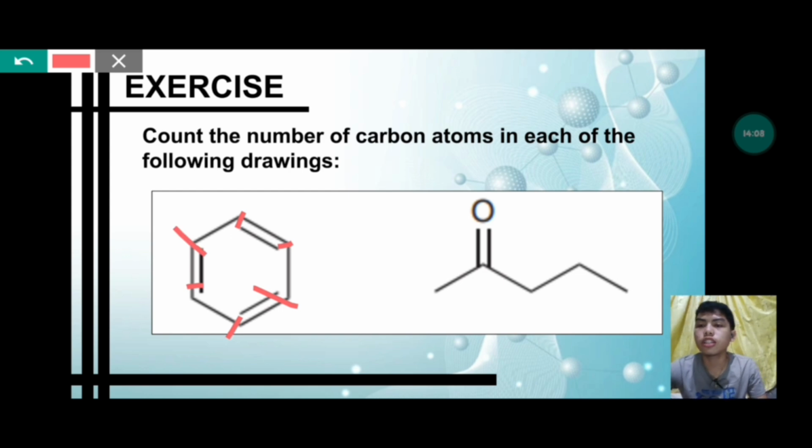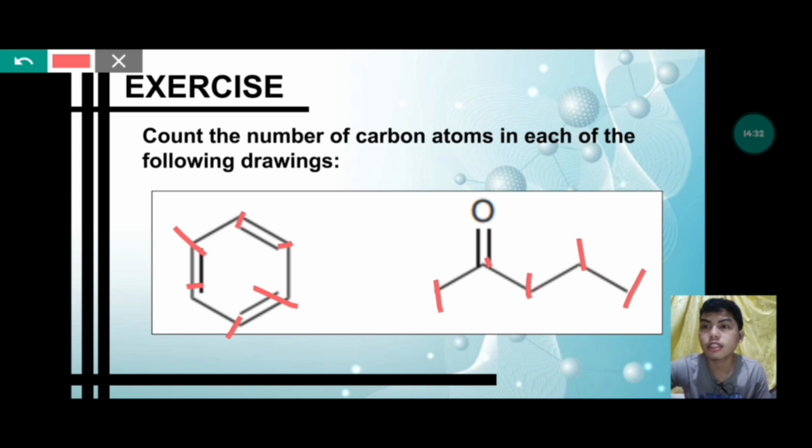So we have 6 carbon atoms in the first compound, and the second compound is 1, 2, 3, 4, 5. So we have 5 carbon atoms in it.